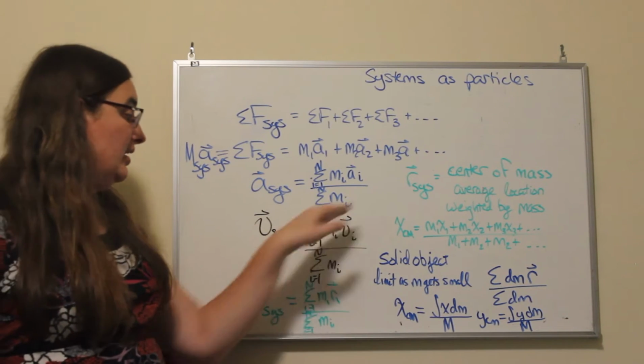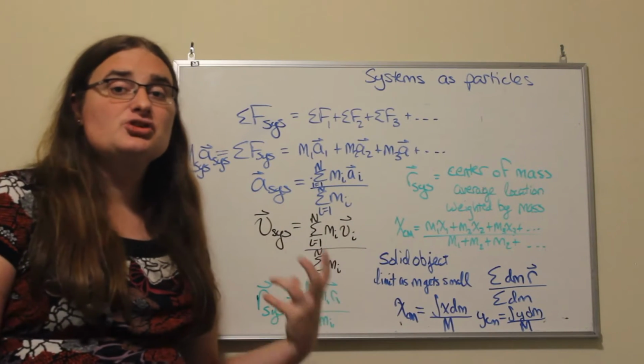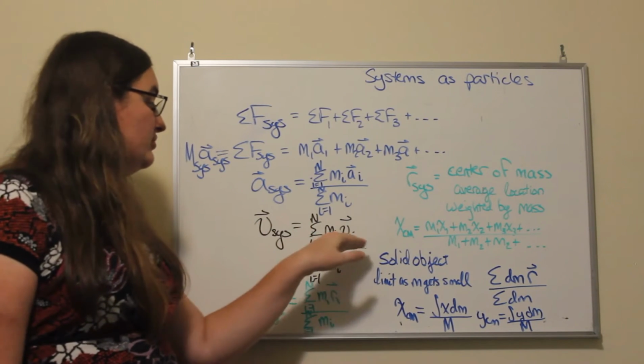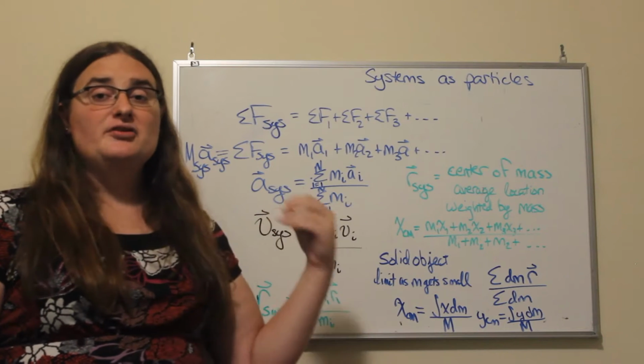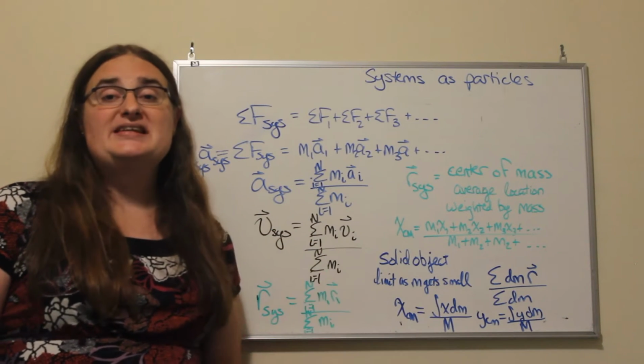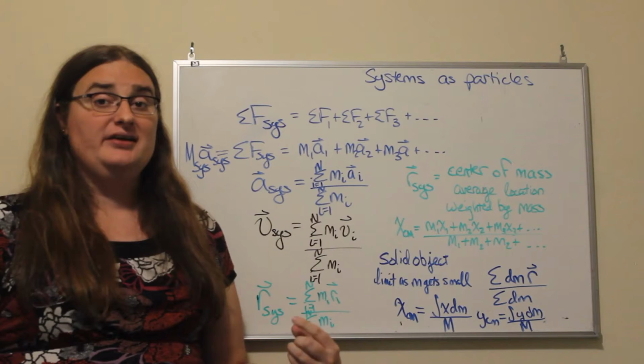So when we talk about the motion of solid objects, we're talking about the average effect of the momentum of each individual piece that's making up our solid object.